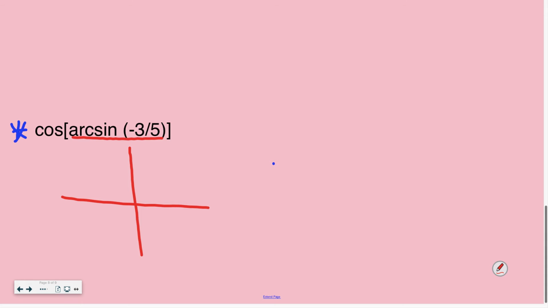The 4th quadrant. We have inverse sine, that's negative. We are going to be in the 4th quadrant. Our sine ratio of this angle is 3/5. Well, we have a right triangle, hypotenuse of 5, side of 3. So this is theta. What's the cosine of theta?